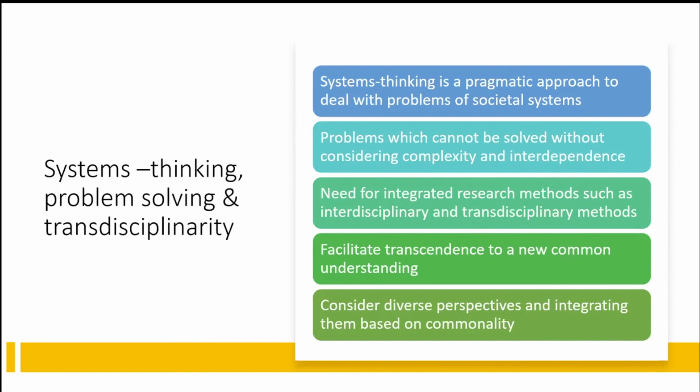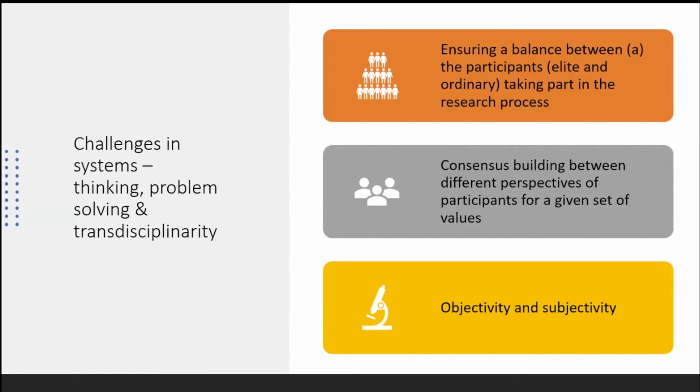So we have to have such integrated research methods that would allow us to deal with societal systems. While we are dealing with a systems thinking problem, we come across some challenges, like ensuring a balance between the participants.